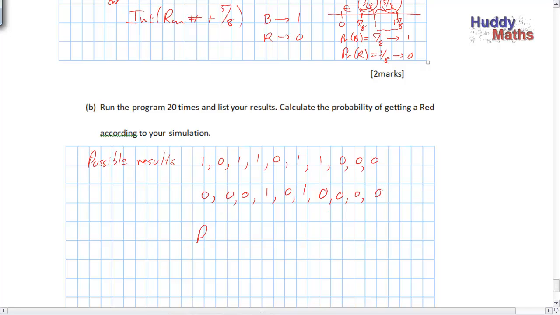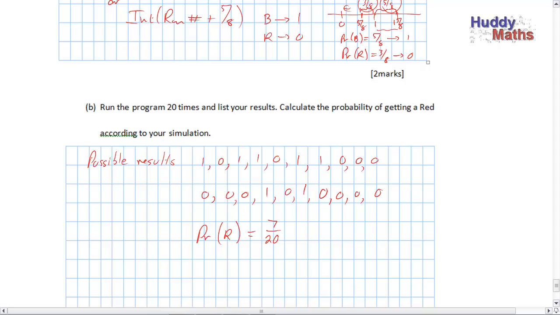So now, empirically, from that experiment, that simulation, the probability of a red are the ones. So there was 7 out of 20. Almost what you'd expect, 3/8. 3/8 of 20 is 7.5 or something. So that's as close as you could get it there. So it's running pretty much as you'd expect.